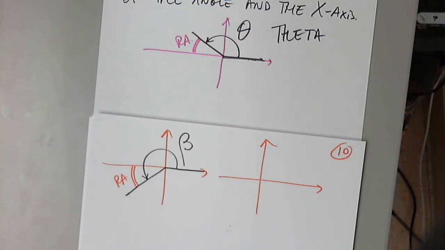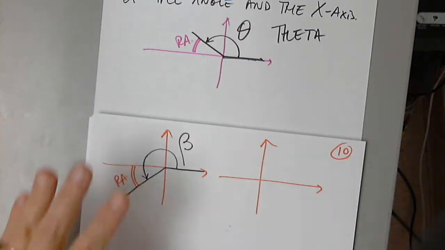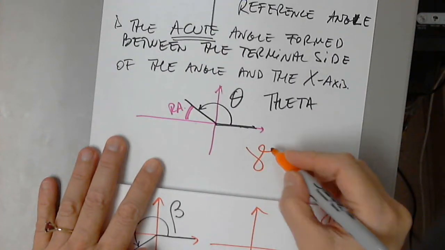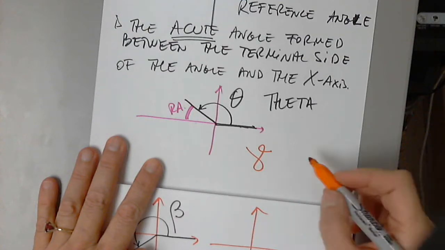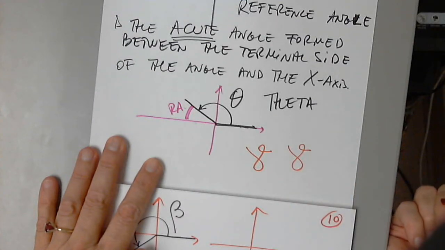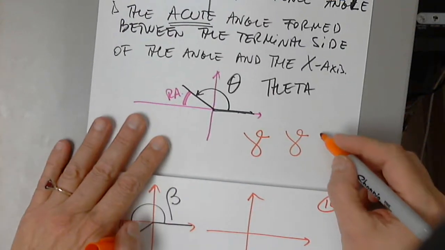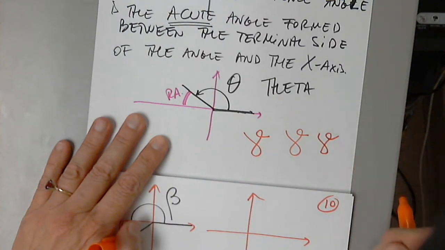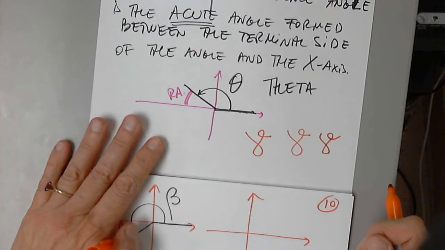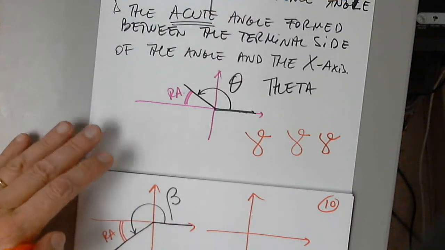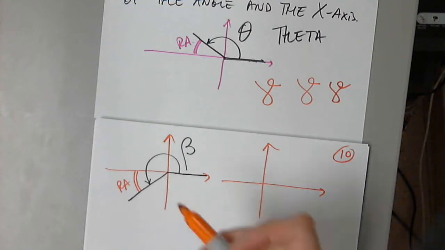Any questions so far? Yeah, how do you pick the gamma sign? The gamma? Yeah. Very good. So why wouldn't the reference angle be the other way? This one?